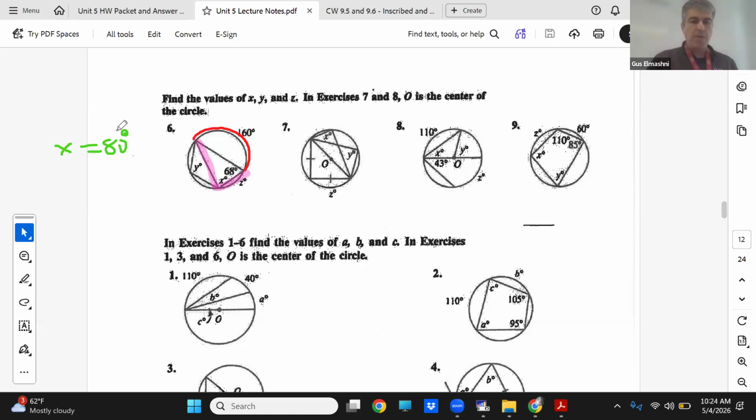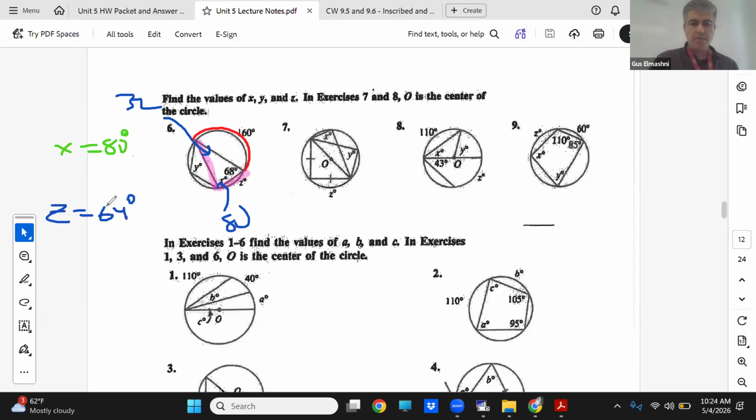Hold on a sec. Then we know that if this is 80, then what's the same over here? I think yes, you are correct. But before we get there, if that's 80 and 60, that's 140. That's 32. Therefore, Z has to be 64 degrees.